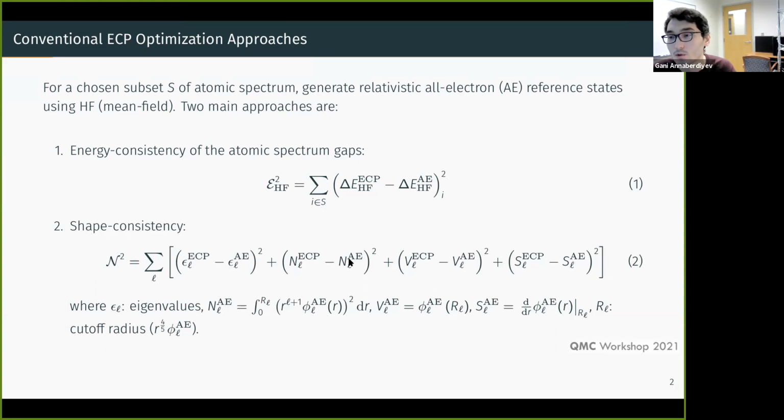But then for a chosen cutoff radius, we'll have quantities such as the value of the orbital at that cutoff radius, the derivative of that orbital at that radius, and the so-called norm, which is given by this integral here. And essentially, you would try to minimize this quantity here, which would give you the optimized ECP.